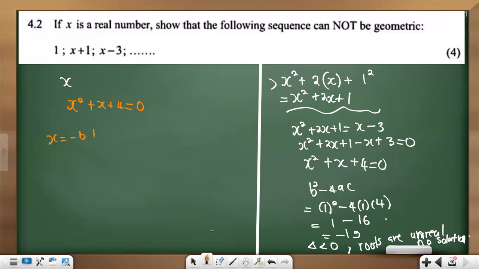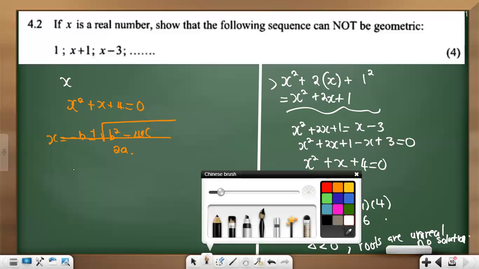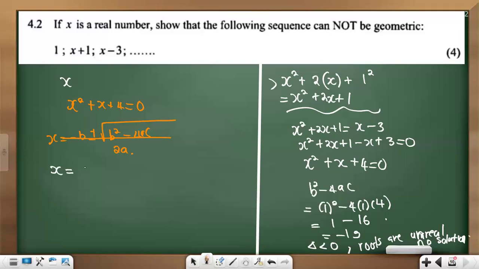Substituting, x equals negative 1 plus or minus the square root of 1 squared minus 4 times 1 times 4.